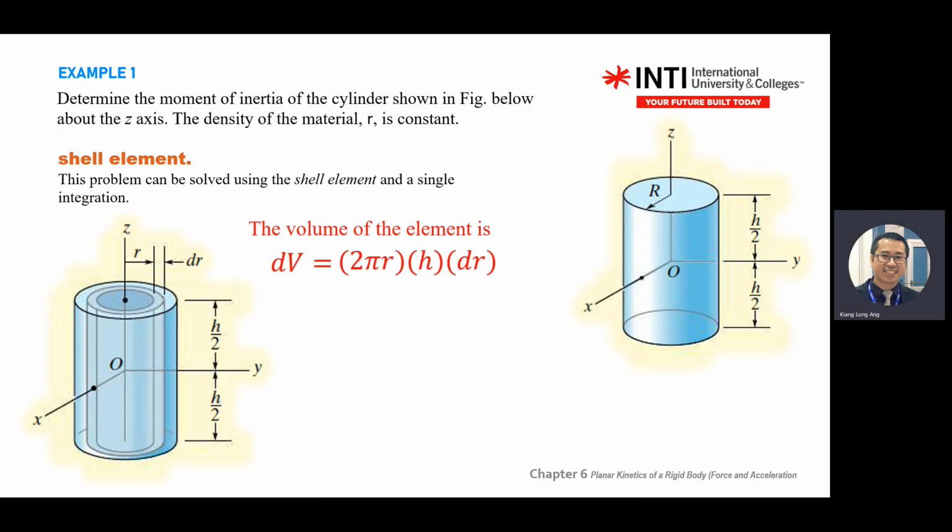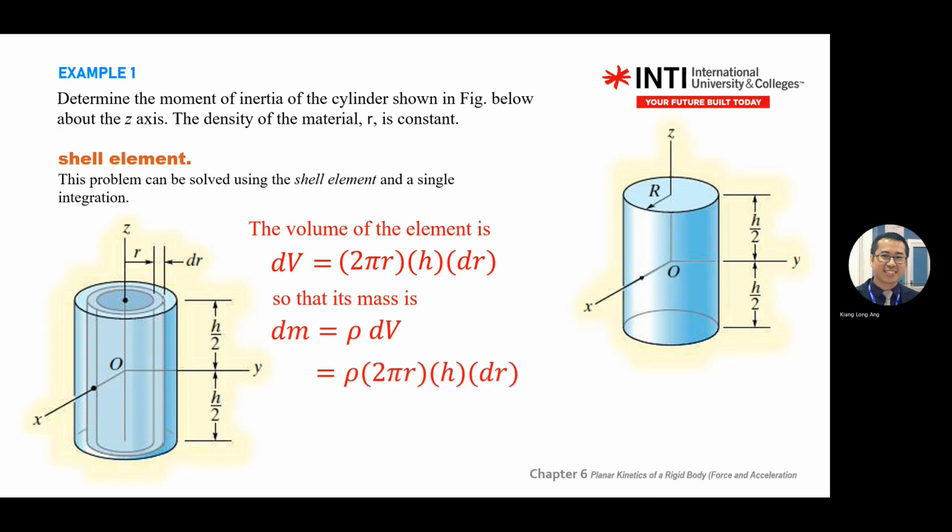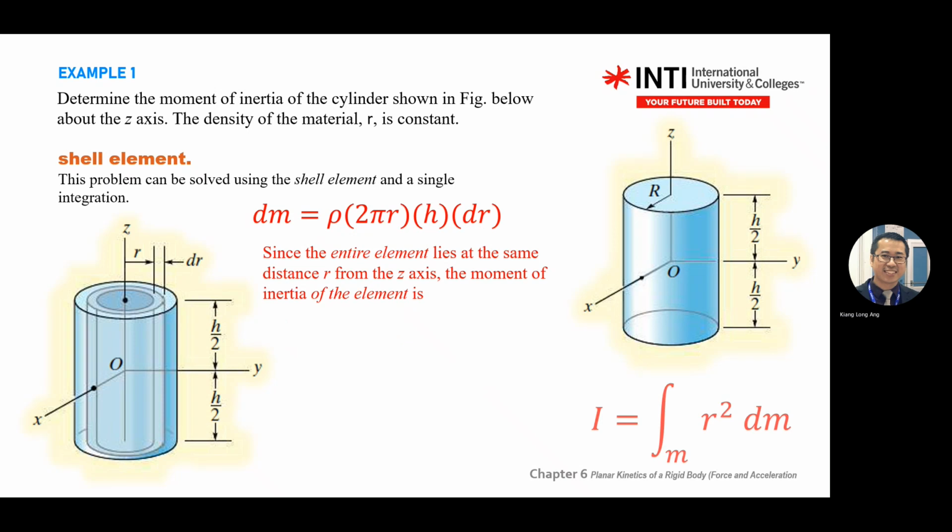Same with this one. How do you calculate volume? You continue to do 2 pi r, a small one, h dr, right? So the mass will be rho dv. You substitute your v inside here, right? So I equals the integral of r squared dm.